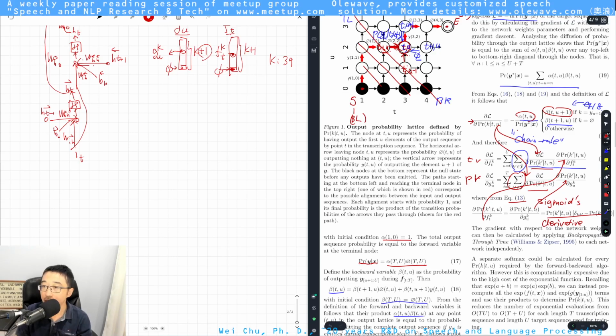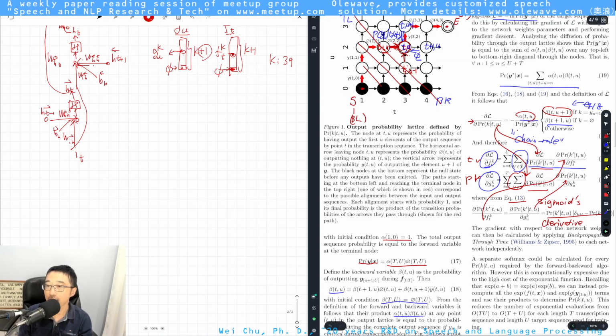So eventually, let me use this pen, he resolved the derivative with regard to the transcription vector and the derivative of the prediction vector.